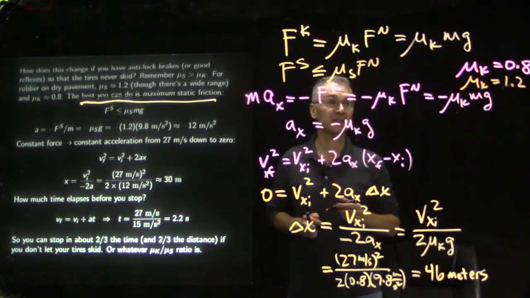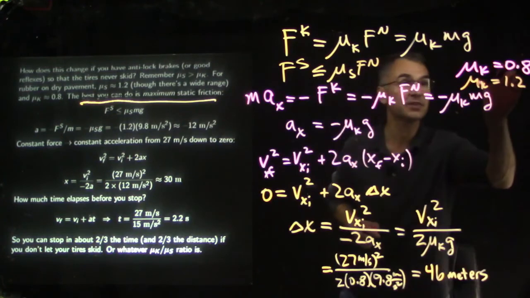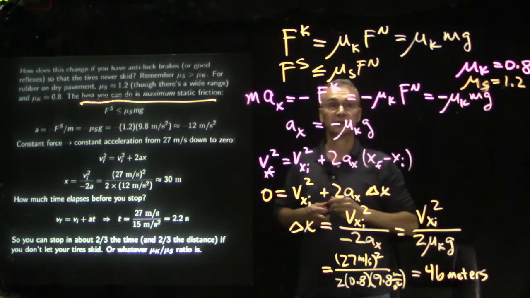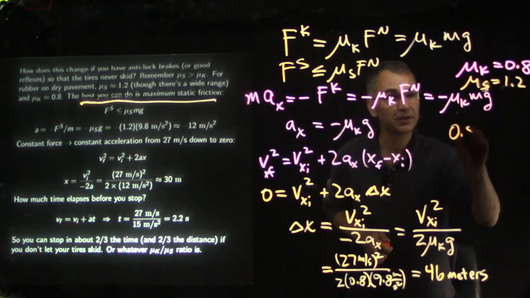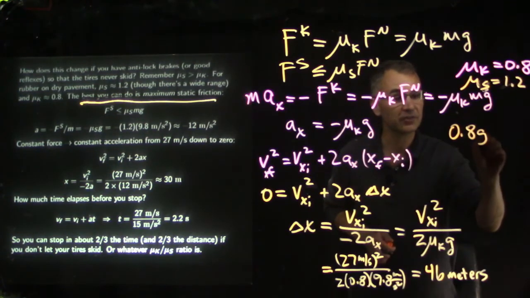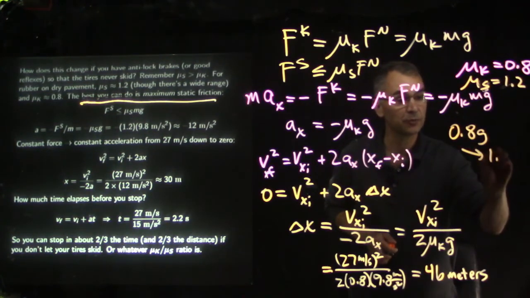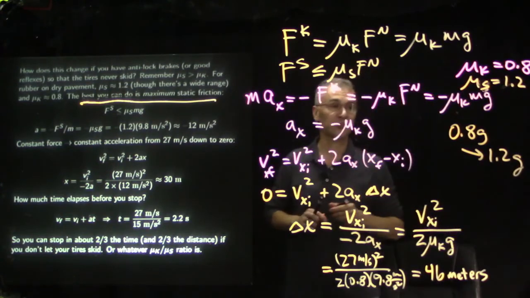It's a decent guess for rubber on dry pavement. So instead of 0.8 g, we would get 1.2 g for the best we can possibly do.